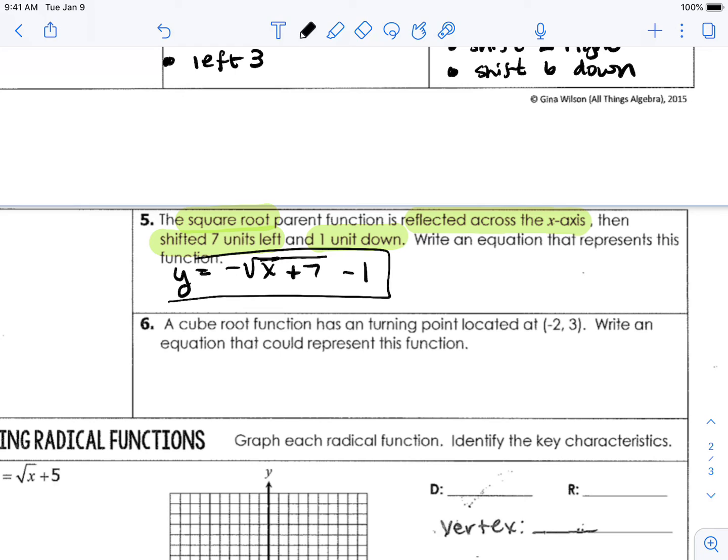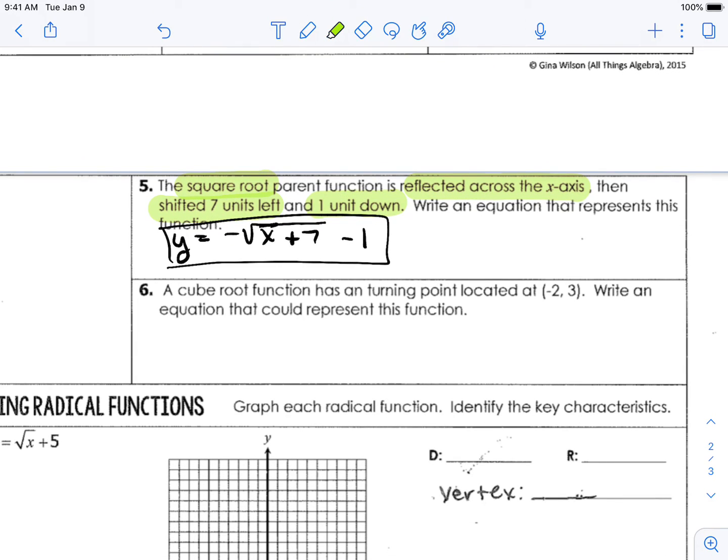On the next one, it's telling me that I have a cube root function, so I'm going to start with a cube root function, and the turning point, or my vertex, is located here, which gives me my h and my k.